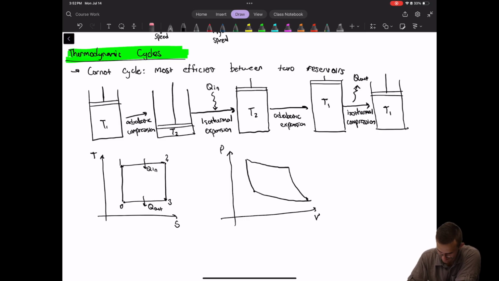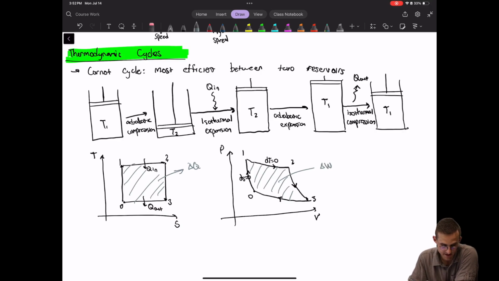Okay, so this is where you have that dT equals 0. This is dS equals 0. Okay, and they go off in this direction, and we'll label the states on here as well: 0, 1, 2, and 3. And then just remember that the areas of these things tell you the heat, delta Q, say, and then the area of this guy tells you your work, because it's P dV. The integral of P dV is the area of that diagram.